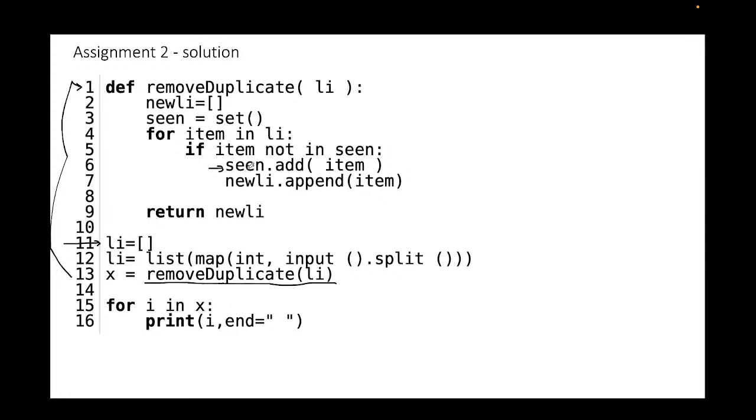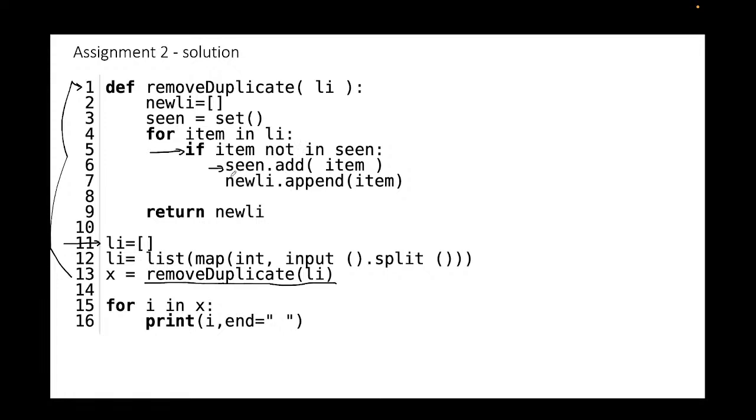But once the iteration goes to a repeated element, that will not be added to this set seen, because it has to go through this if condition. If the item is not already present in this set seen, only then it will be added. If the number is already present in seen, it won't be added. Okay, so any number can be added to the set only once.